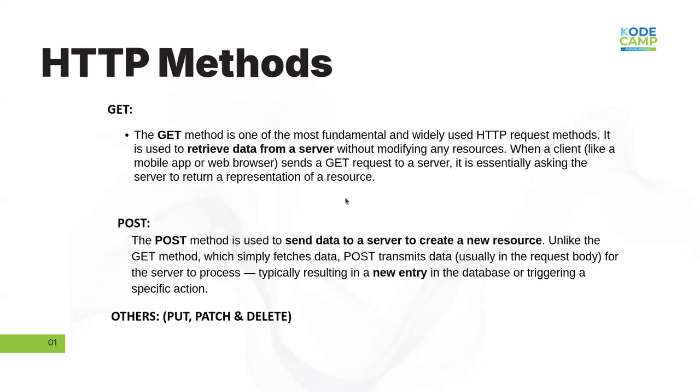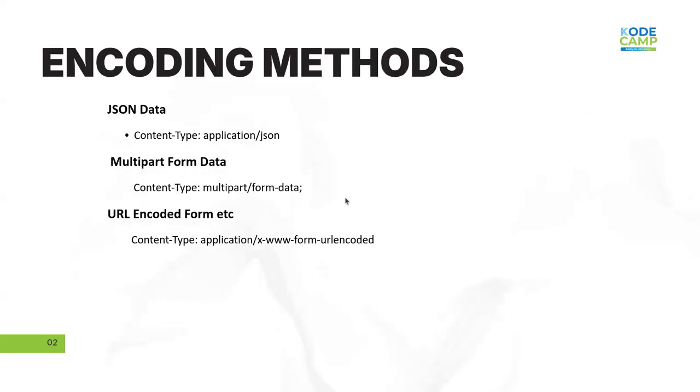So to briefly talk about the encoding methods before we see some examples in code. Encoding methods basically determine how the information you send over the network is encoded.